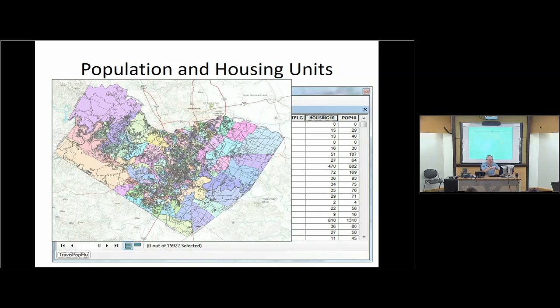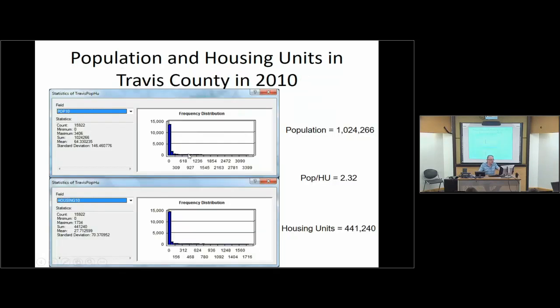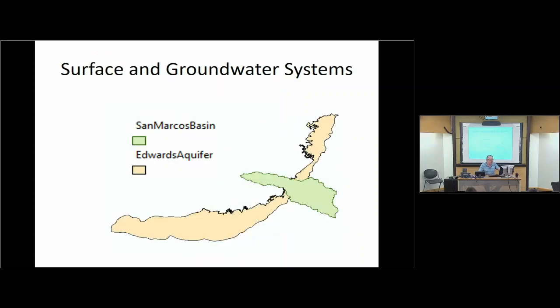So here's the same data now tabulated by population and housing units across Travis County, and I've done some summary statistics here that on average the number of people per housing unit in Travis County is 2.32, so some average size of a household. Another thing that I thought was interesting was to figure out what's the population in the San Marcos Basin. We worked out this San Marcos Basin, we did lots of hydrology there.